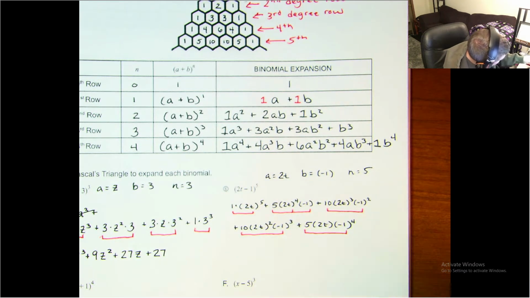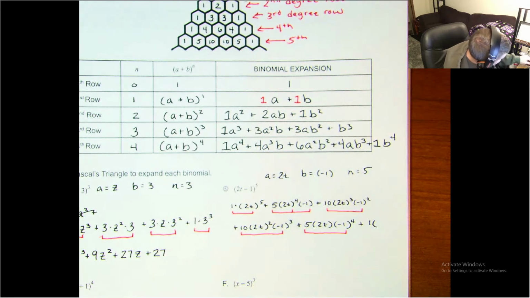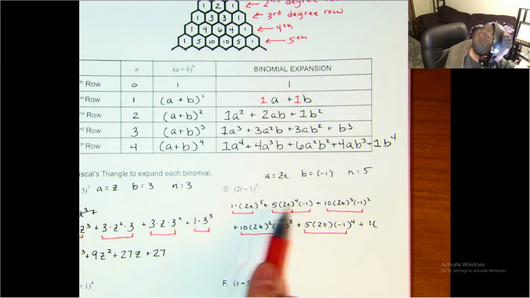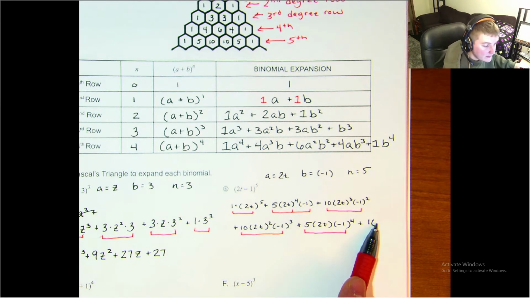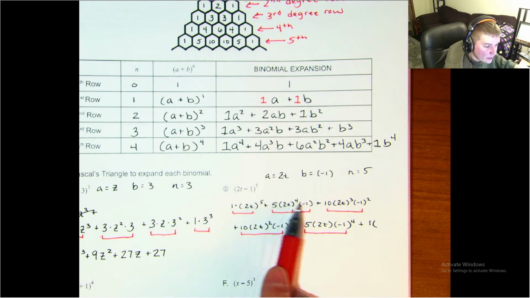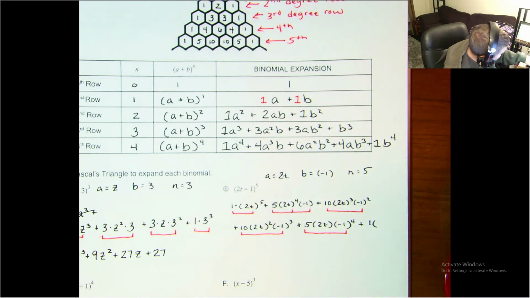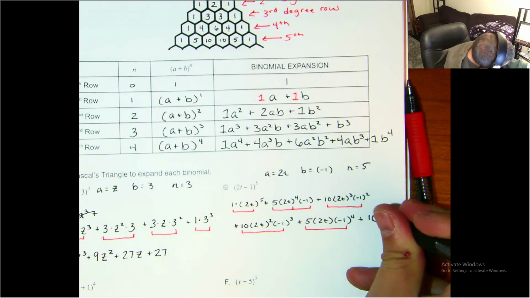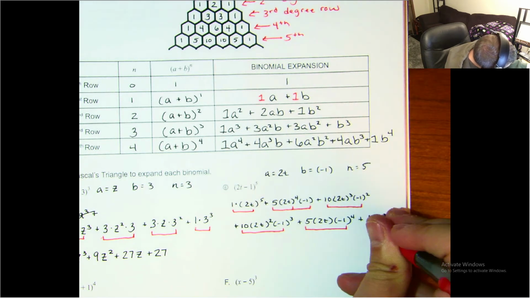And then plus 1 times 2t to the 5, 4, 3, 2, 1, 0. I don't even have to write it, times -1 to the 0, 1, 2, 3, 4, 5th power. That's my 5th cell. Let's go ahead and simplify this.